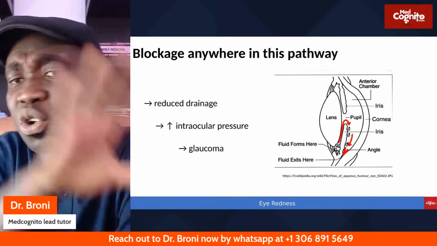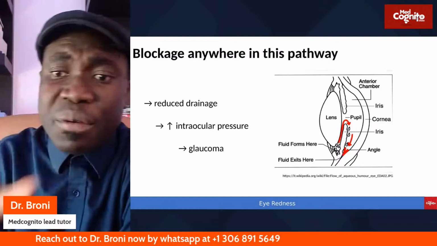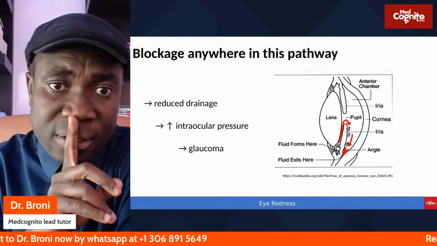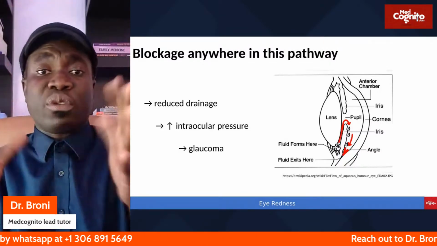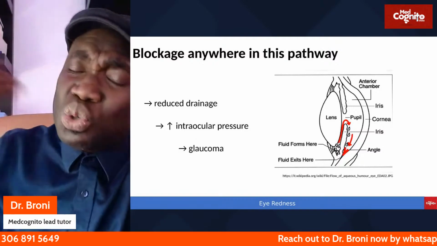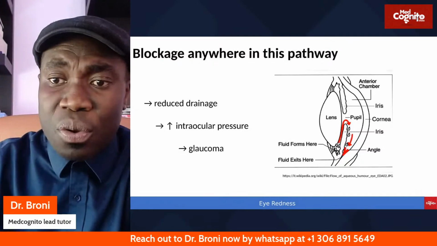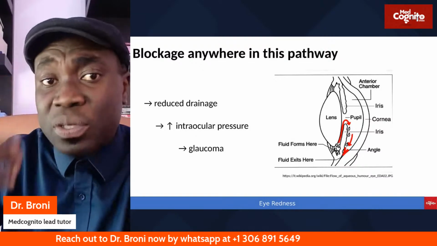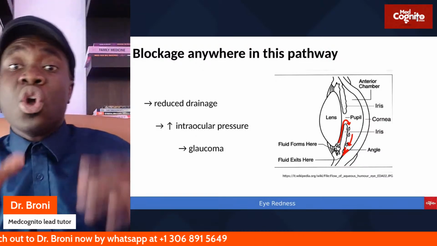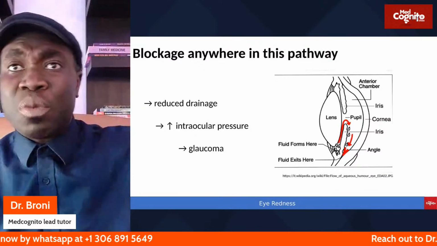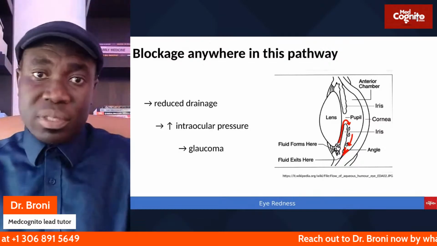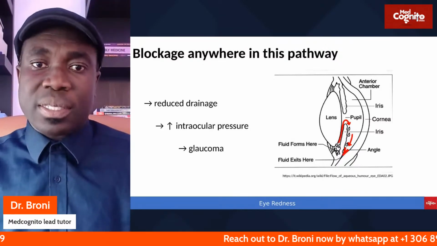So acute angle closure glaucoma can occur in various places, or as a result of various things. Either too much aqueous humor is being produced, or the aqueous humor you are producing is not being drained well, or the path of the aqueous humor is being blocked. That's a problem.